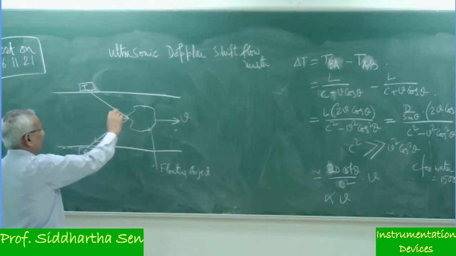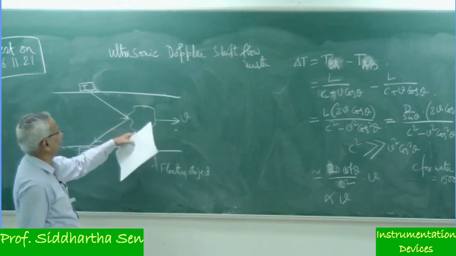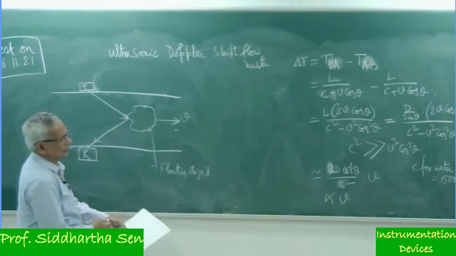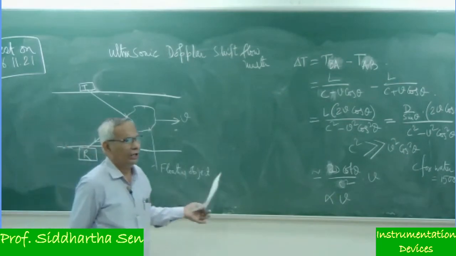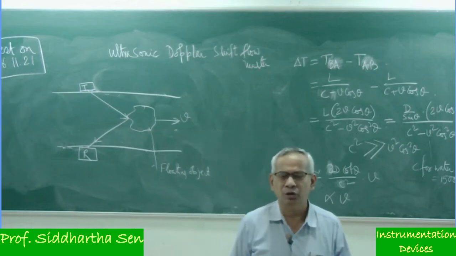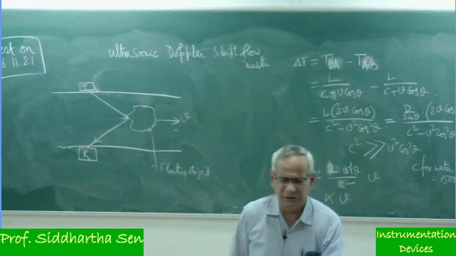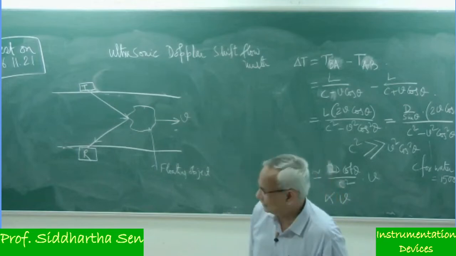And I pass an ultrasonic wave in a particular direction, and if there is some small floating particle there, it could be useful, not for clear liquid but for slurries, or some floating object, as I told, white blood cell, red blood cell and like this.